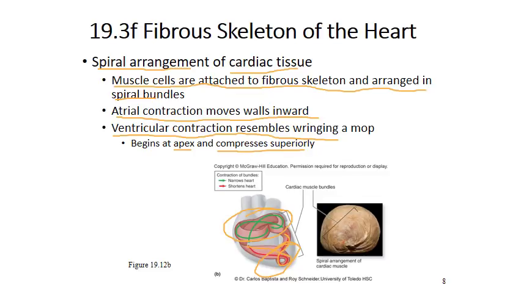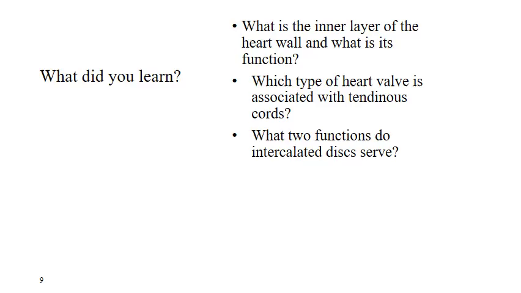Because we want our blood to flow upwards into our aorta, into our pulmonary trunk, and out into the lungs or into the rest of the body. So we need that flow to be going upwards. It's important that this cardiac muscle is doing this wringing action down here so that it moves the blood up superiorly.